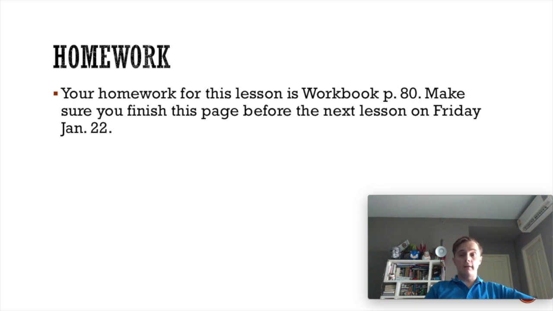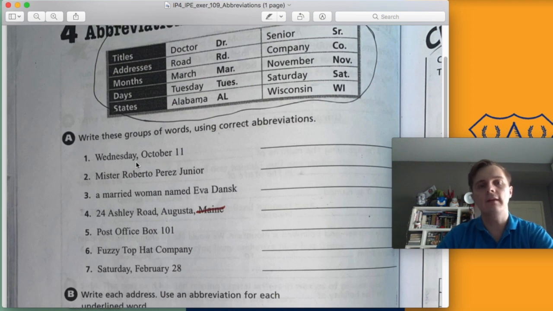Your homework for this lesson is workbook page 80. So today is Tuesday, and I want you to make sure you finish workbook page 80 before you do the lesson on Friday. Section A, you need to write these phrases again with the correct abbreviation. Number 4, we've got the state, Maine.